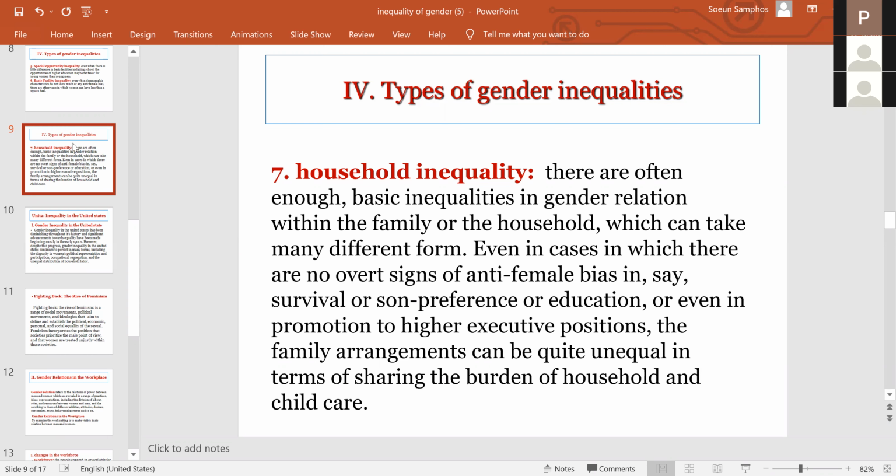Family arrangements can be quite unequal in terms of sharing the burden of household and child care.